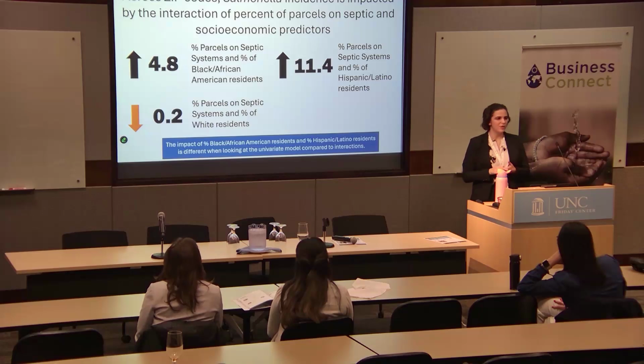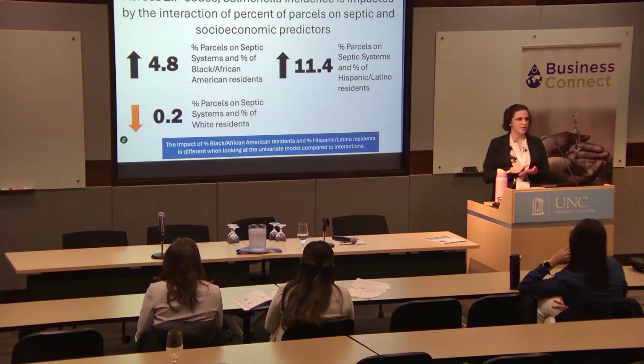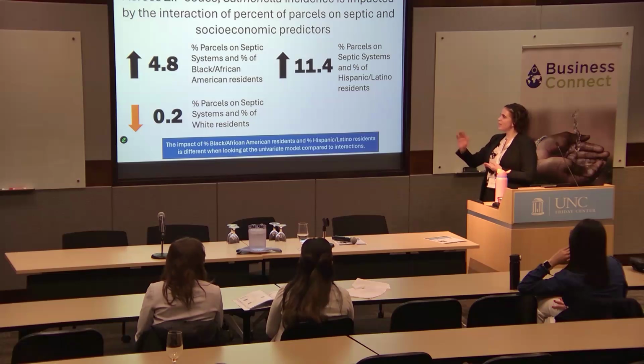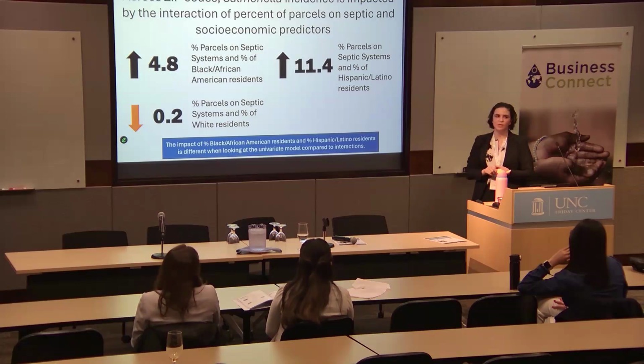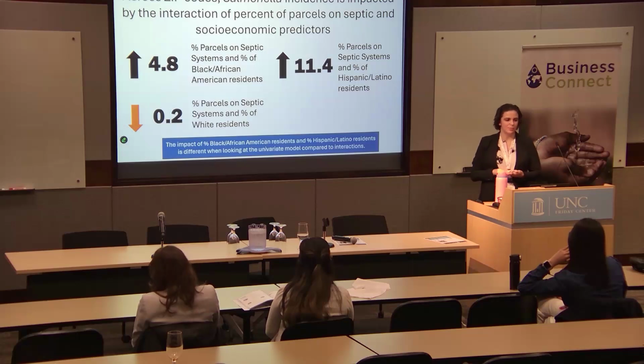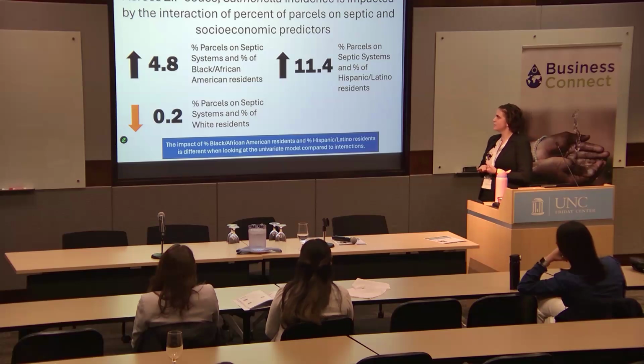I then ran a multivariate negative binomial model, but this time focused on the interactions, because I wanted to see if there were interactions between percent of parcels on septic systems and socioeconomic predictors. So again, I'm showing the incident rate ratios for the 2 predictors that have a significant positive interaction. This is percent of parcels on septic systems and percent Black and African American residents, and the other is percent parcels on septic systems and percent of Hispanic and Latino residents.